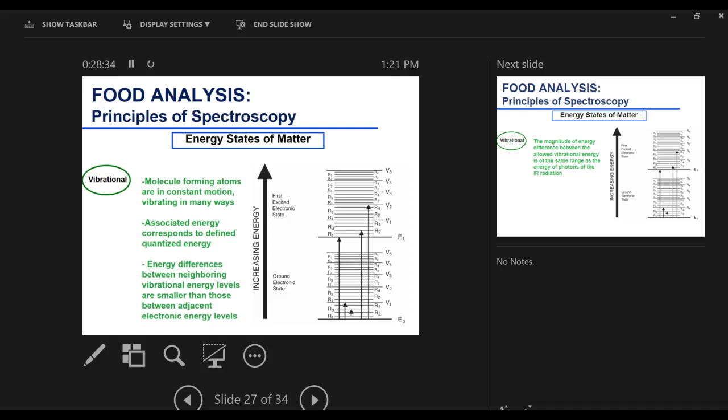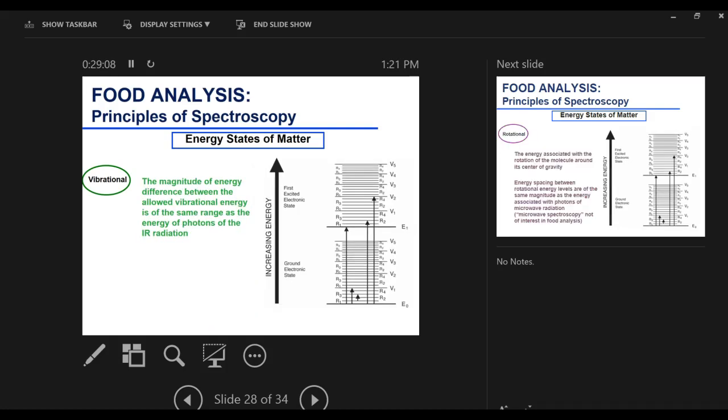So it's only for molecules, and like I said, it's of a lower energy, and it's also quantized. That is, every molecule has its unique vibrational energy that is allowed to be absorbed, and it overlaps with the electronic energy, but it is less energy than the electronic energy. So you see several levels of vibrational energy within one energy level of electronic energy.